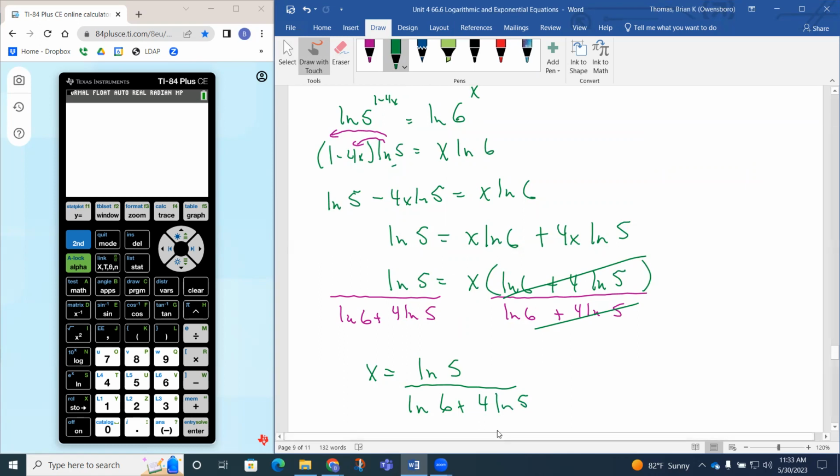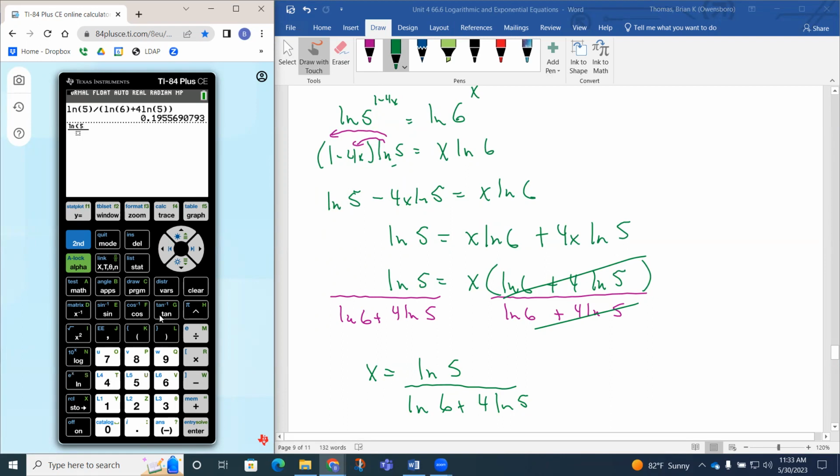Now, if I want to figure out what that is as a decimal, so we do the natural log of 5. And if I divide it by this quantity here, so if I put that in parentheses, the natural log of 6 plus 4 natural log of 5. Close that parenthesis. If I enter, that gives me that. Or again, if you'd rather use the fraction button, alpha F1, you can also use that mode there.